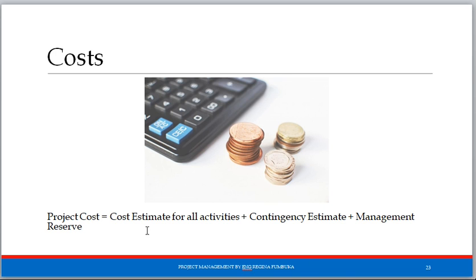So if you have the cost estimate to all activities, you have the contingency estimate pamoja na management reserve, then you get the total project cost.